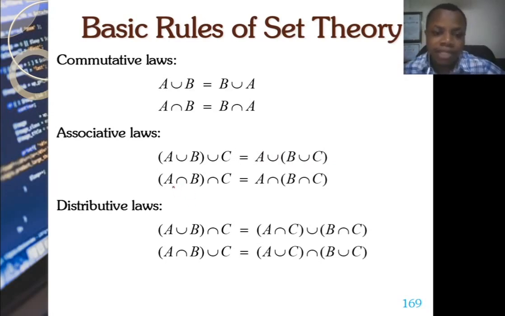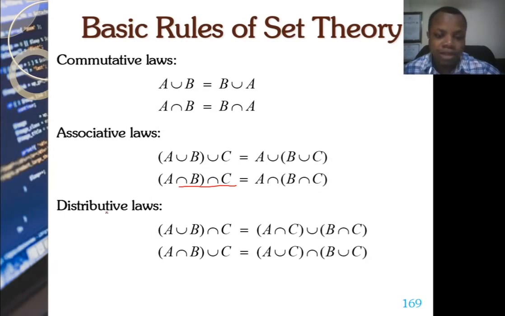The same thing exists for their intersection: A intersection B in brackets, intersection C, is equal to A intersection B intersection C in brackets. Once this happens, it means that they do obey the associative law.